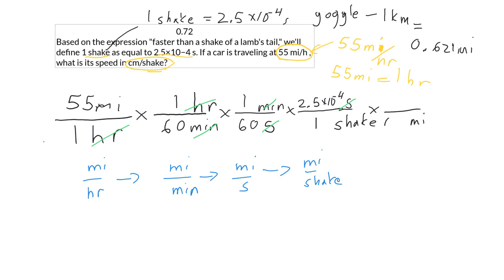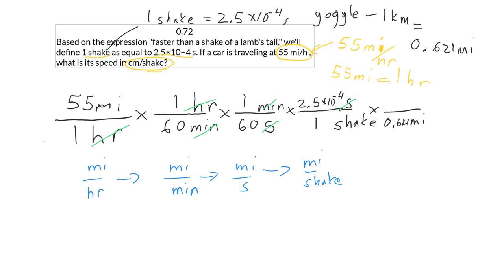So I know that 0.621 miles, I'm going to place miles where they cancel out, right? I've got miles all the way up here. I can cancel them out because division is commutative. So even though they're far apart, they're still able to cancel each other out.